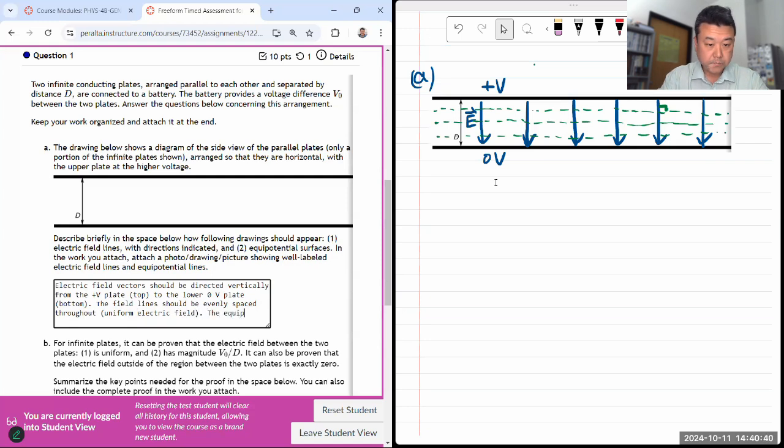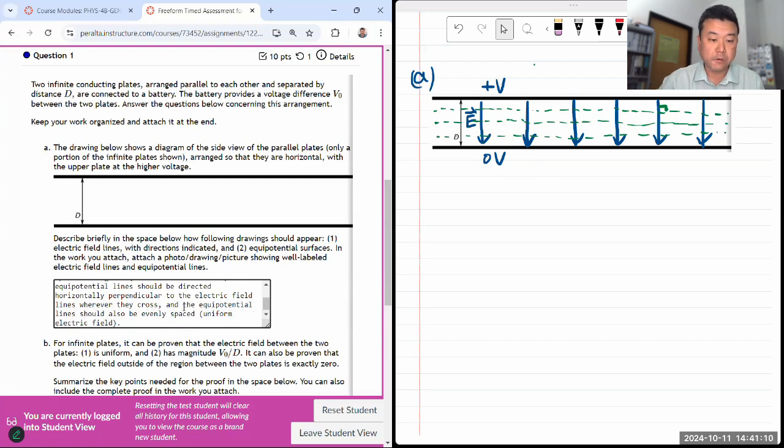The equipotential lines should be directed horizontally, perpendicular to the electric field lines wherever they cross, and the equipotential lines should also be evenly spaced, uniform electric field. Yeah, so that's the drawing.